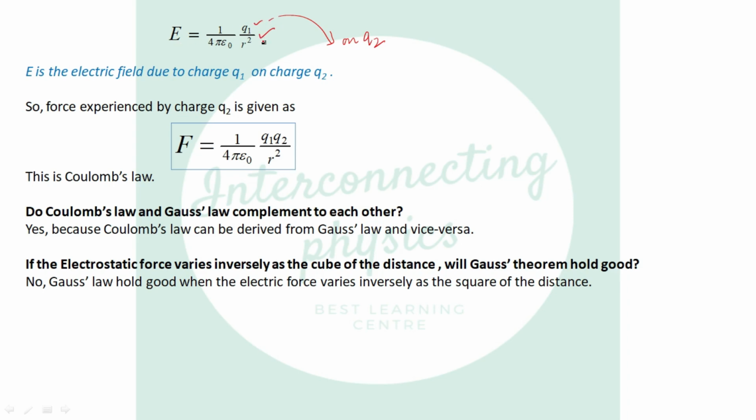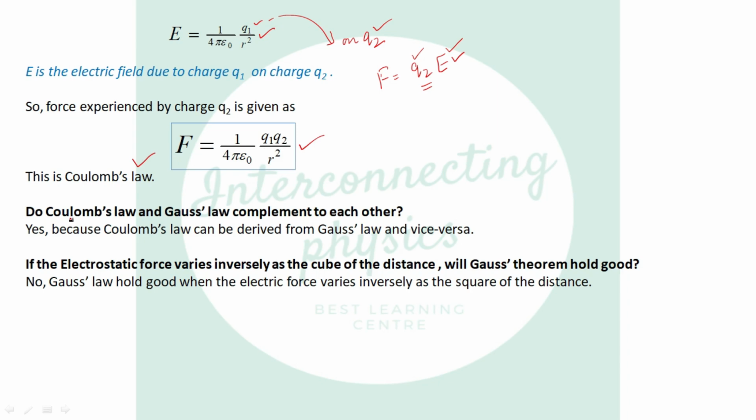So the electrostatic force experienced by q2 is F equal to q2 into E. Substitute the value of E here and we get the result F equal to 1 over 4 pi epsilon naught Q1 Q2 over R square, which is Coulomb's law.